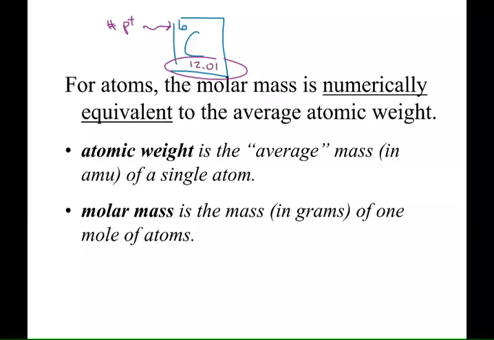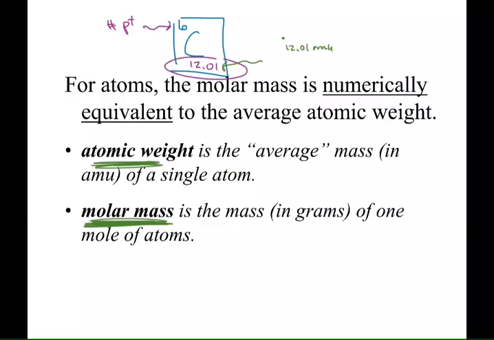We actually talked about how that decimal number for carbon means that if you come up with a weighted average of how much a carbon atom weighs, it weighs 12.01 AMUs. Now, I'm here to tell you that not only do we use the decimal number for the average atomic weight, but we also use it for the grams in 1 mole of that element.